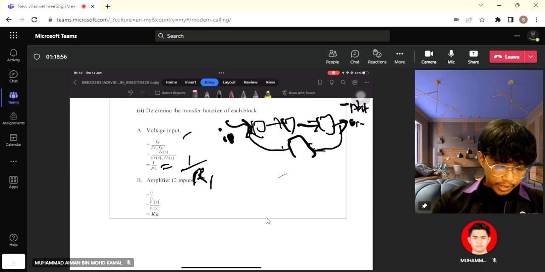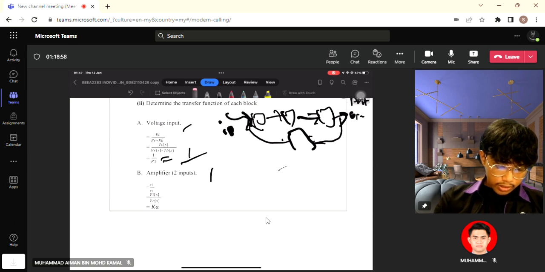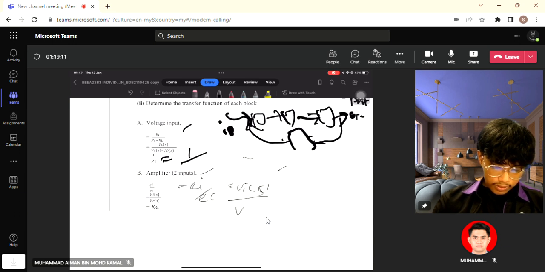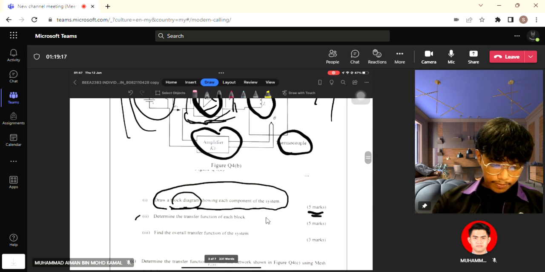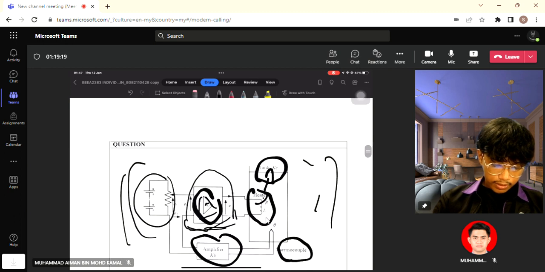And the second one is the amplifier to input. So we just write down EI over EC, and we get the Ka. Alright, this one is actually the amplifier.